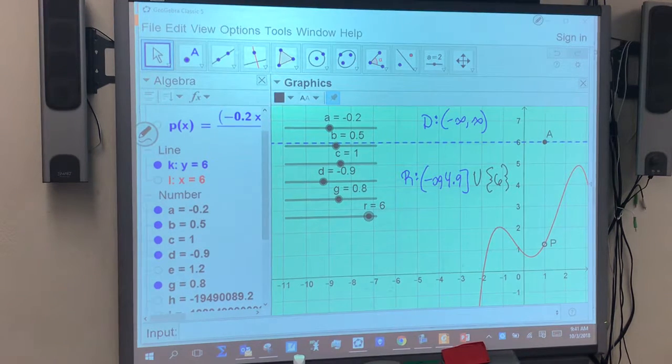When they do that, they're doing it to see if we understand the concept that when I write my domain interval, I'm listing all the possible x values that exist if I were able to physically write down the infinite number of ordered pairs. Okay, and then the same thing for my range, but in regards to the y values. So we have to make sure they're incorporated, even if they're removed off of the curve.